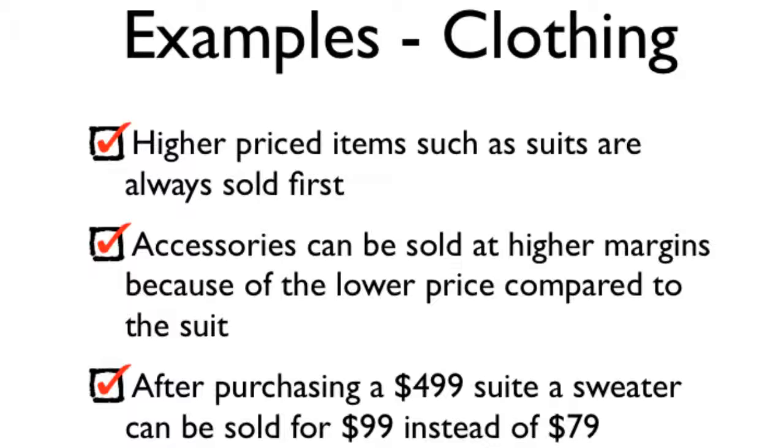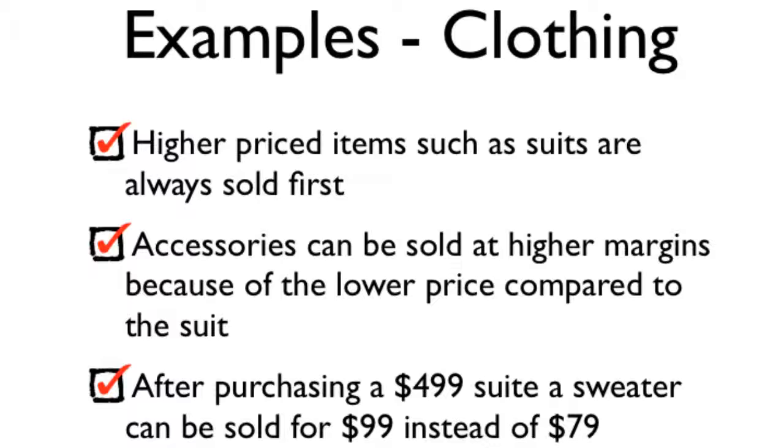To give you another example, after purchasing a $500 suit, a sweater can be sold for $99 rather than $79 because the overall perception of $99 compared to $500, which they've already agreed to buy, seems relatively small. So they can get that extra $20 out of the sweater, and then you add several other accessories, and before you know it, your margins on everything have increased.